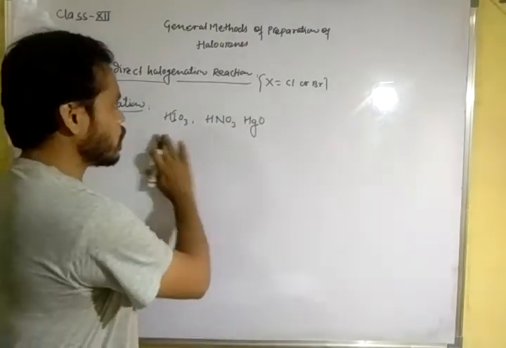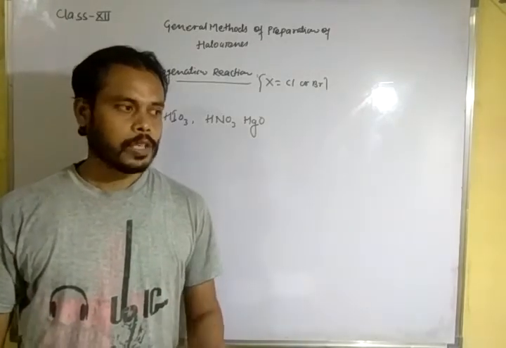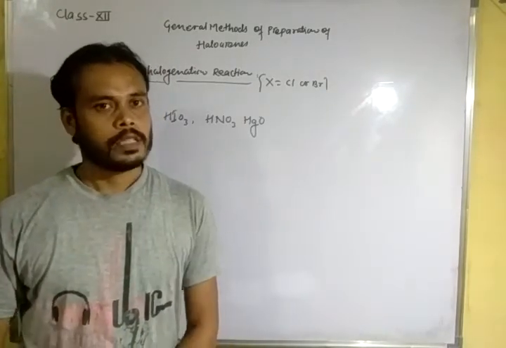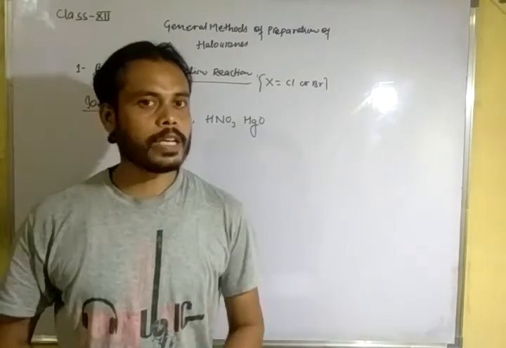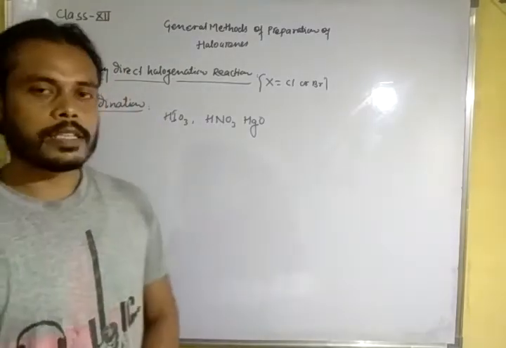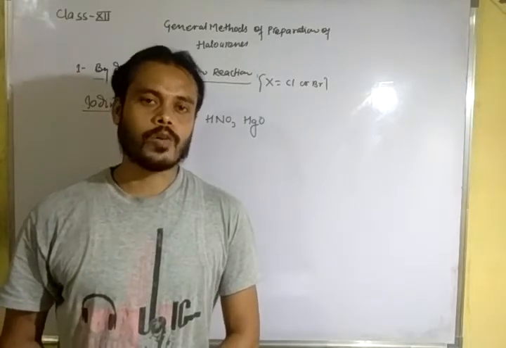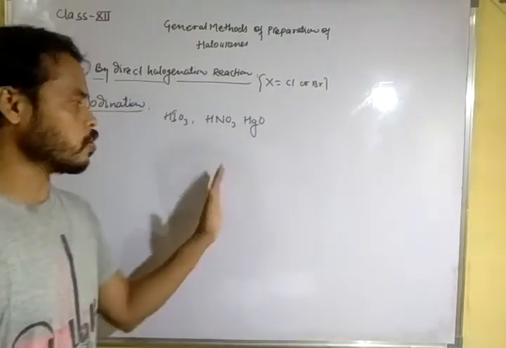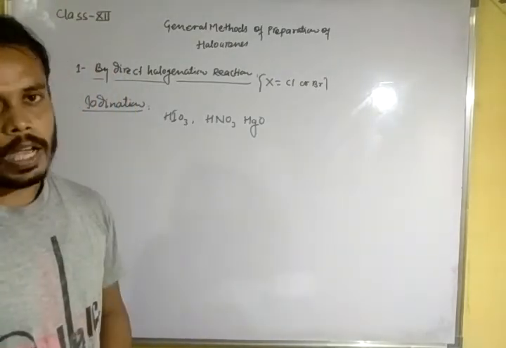In the presence of these oxidizing agents, the reaction goes in the forward direction. Otherwise, the reaction is reversible, because the byproduct formed in iodination is hydrogen iodide, and hydrogen iodide is a good reducing agent. It again reduces iodobenzene to benzene and iodine.